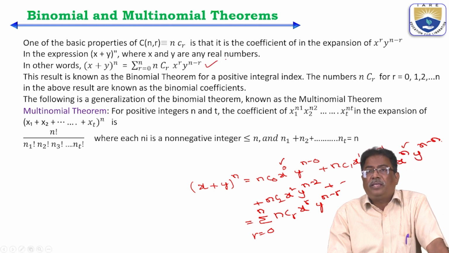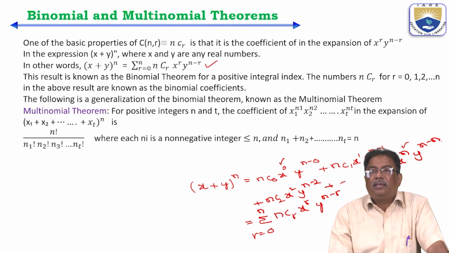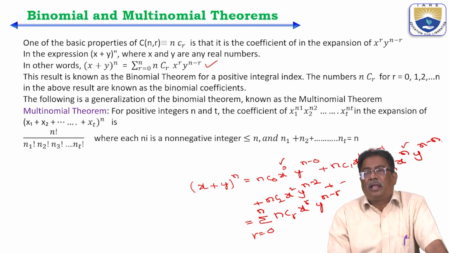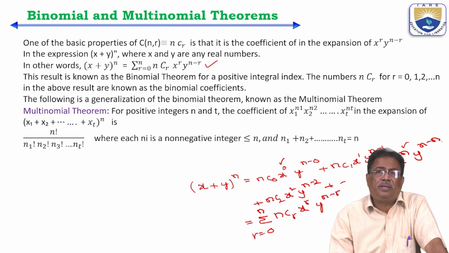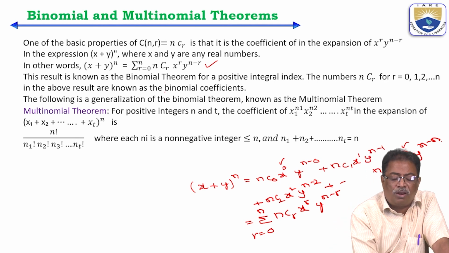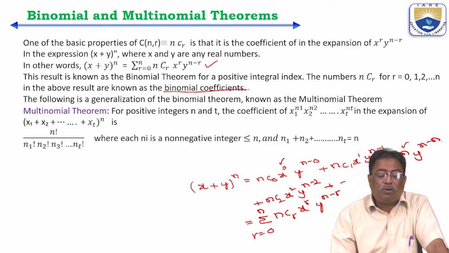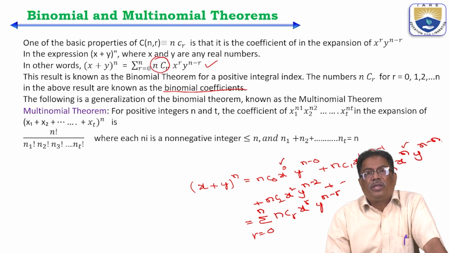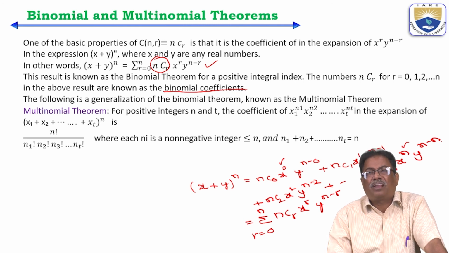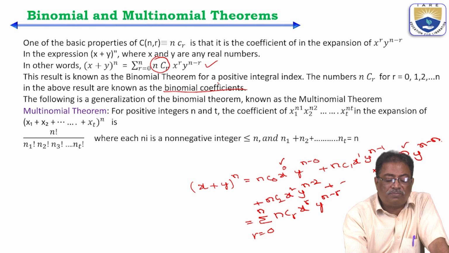For the positive integral index, the numbers nCr, for r equals 0, 1, 2, 3 and so on, that is nC0, nC1, nC2 up to nCn, are all known as binomial coefficients.